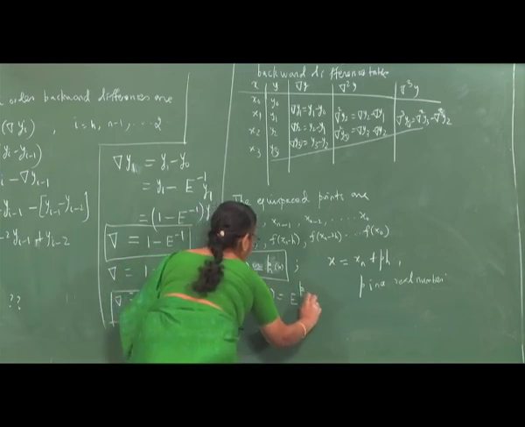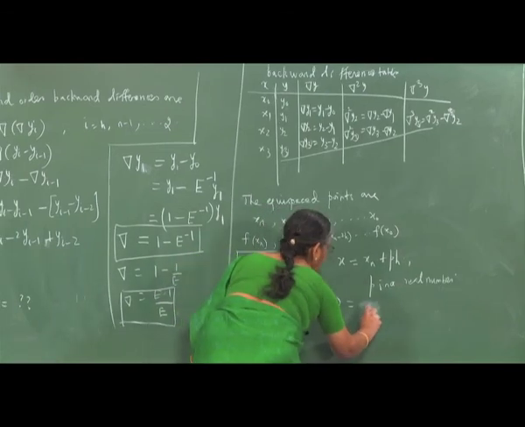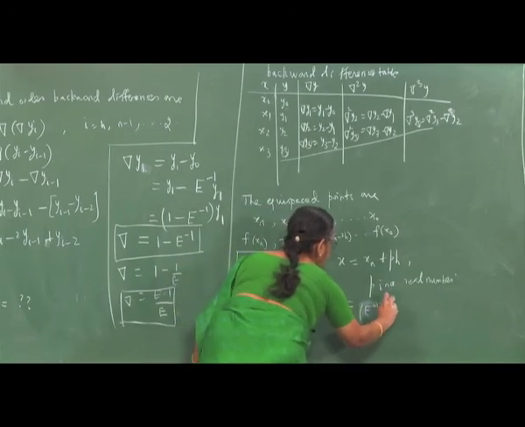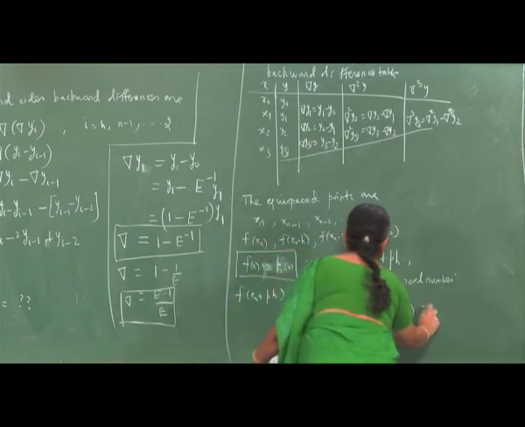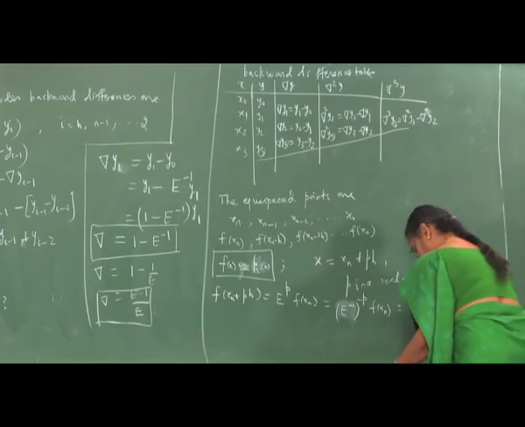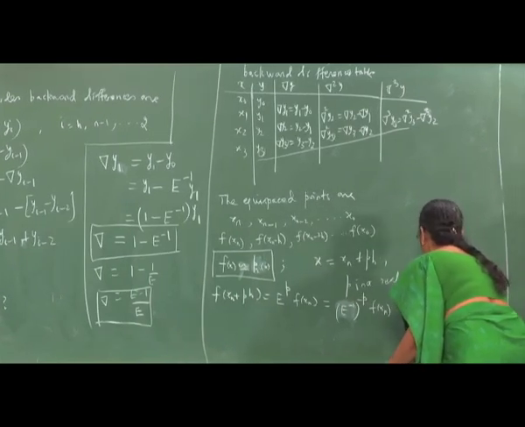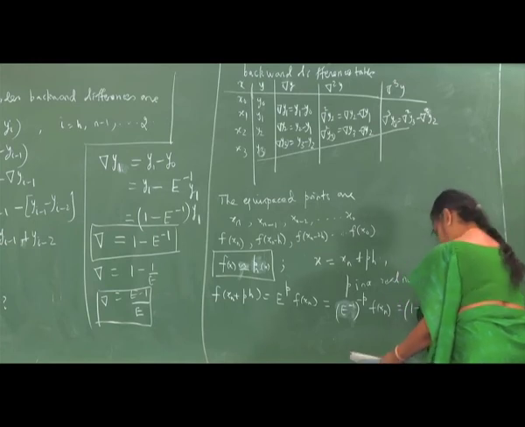So, we require f of xn plus ph. So, it is E to the power p on f of xn, which is E to the power minus p inverse on f of xn. But I know the relationship between E to the minus 1 and the backward difference operator, so that is 1 minus delta to the minus p on f of xn.